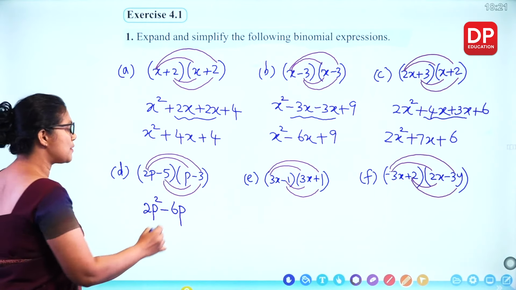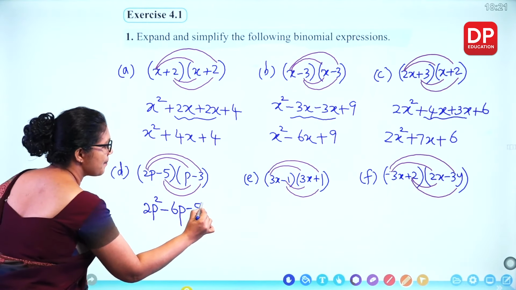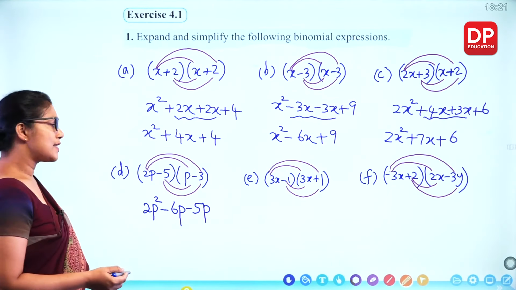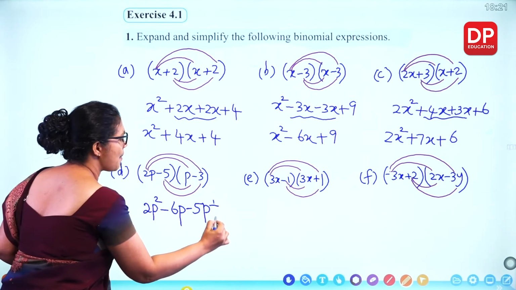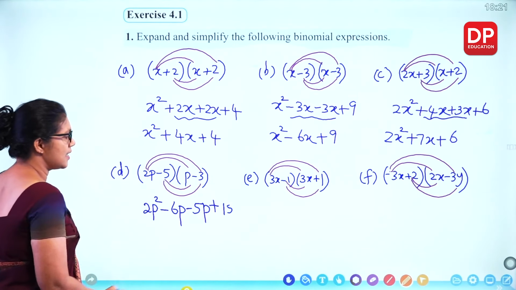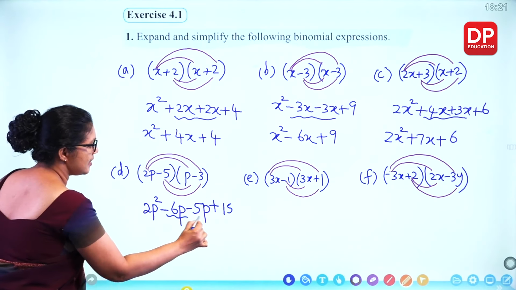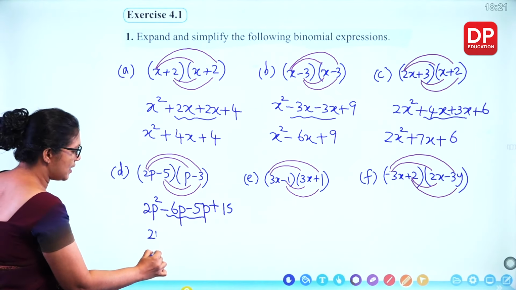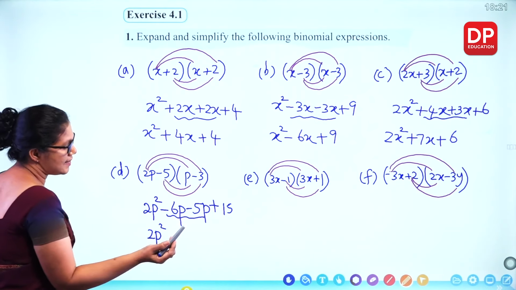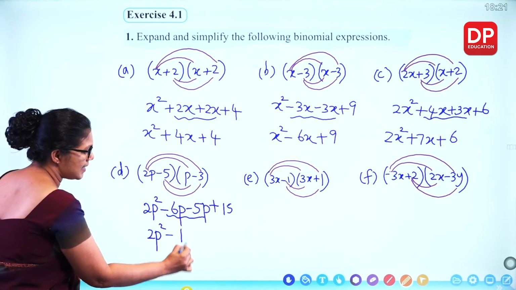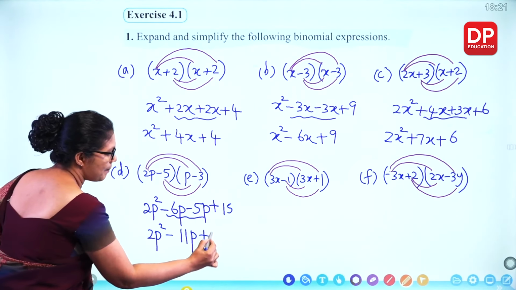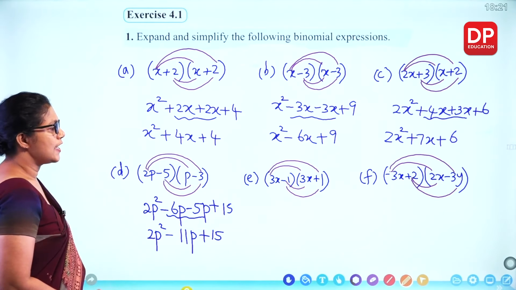Minus 5 times p, minus 5p. Minus 5 into minus 3, you will get plus 15. Now simplify. These two are like terms. You will get 2p squared minus 6 and minus 5 becomes minus 11p plus 15.